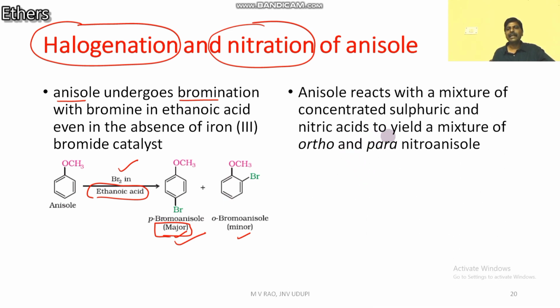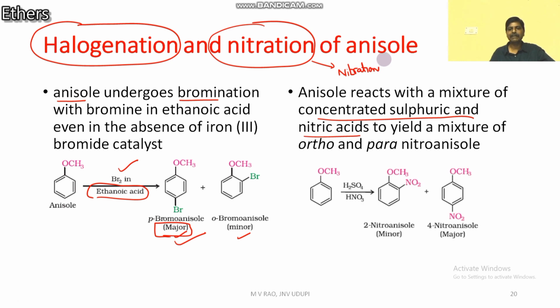Similarly, nitration: mixture of concentrated sulfuric acid and nitric acid. When anisole reacts with nitration mixture, ortho-nitroanisole and para-nitroanisole are formed, in which para-nitroanisole is major product. So these are electrophilic substitution reactions of anisole.